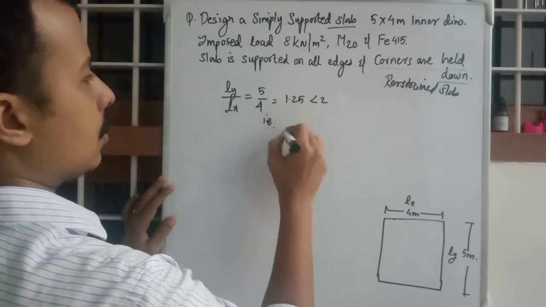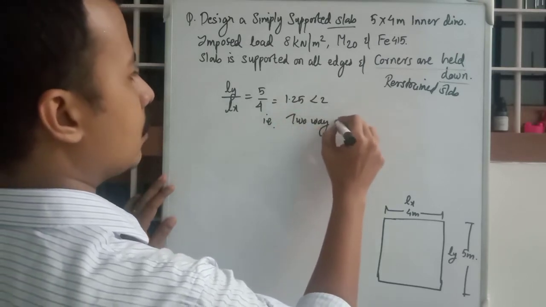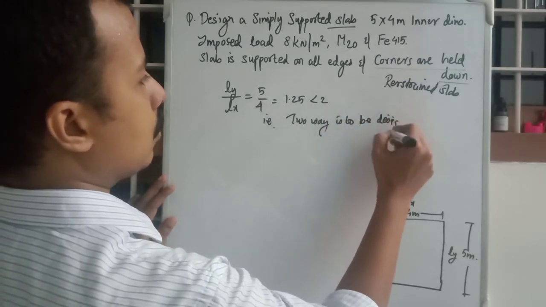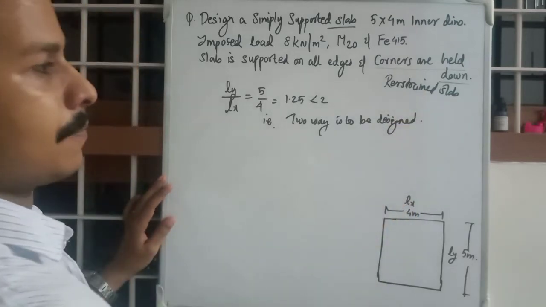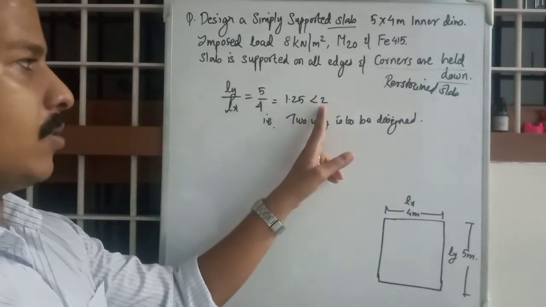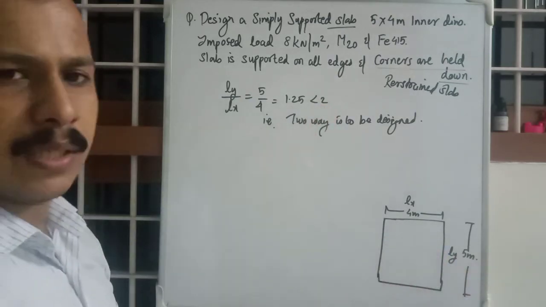So Ly by Lx is less than 2, and a two-way slab is to be designed. This slab is a two-way slab.